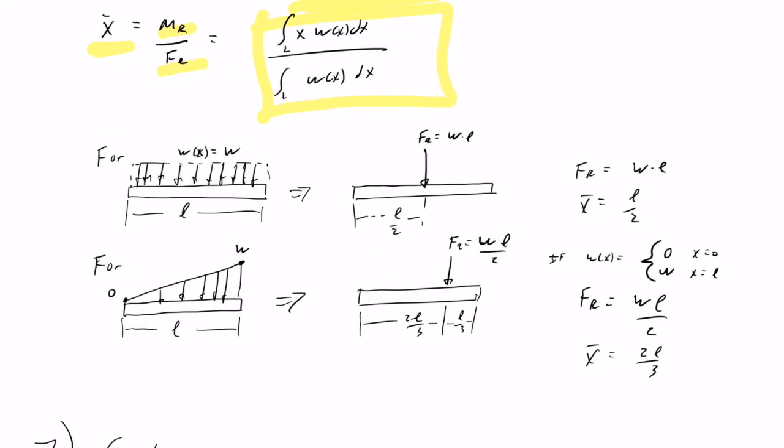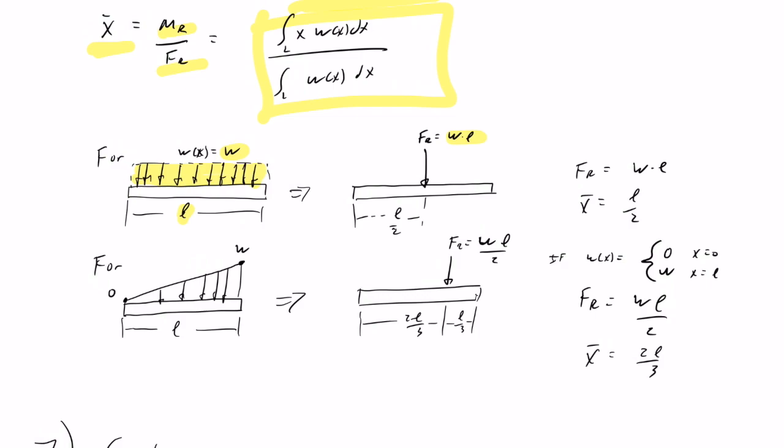Now in the section right down here, you'll see there's another way to think of these loads. For very simple loads, a uniform distributed load, w(x) is just a constant w over the length. If you integrate this area to get the full force, you end up with W times L, so that's the equivalent force.